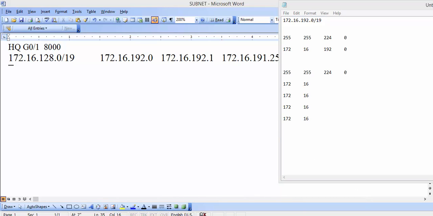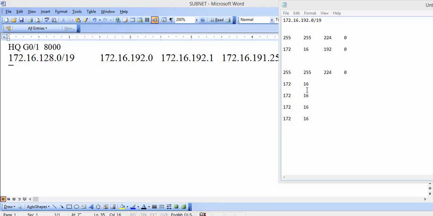Now we apply the same principles that we used before and find this address. Let's see how we apply these principles. For a slash 19, the subnet mask is 255.255.224.0. So we put the subnet address here, and we focus on 255 of our subnet mask. Below that is part of the network address, which will not change.